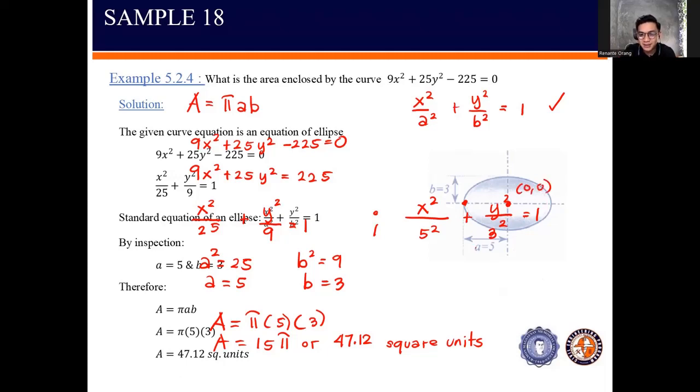And then, ang ibig sabihin ng A tsaka B is the distance of our vertex. So if this one is 0, 0, this one is 5 papunta dyan and 5 din papunta dito. So this one is negative 5 and this one is positive 5. Then yung B natin na value is our minor axis, which is dito sa taas is positive 3, sa baba is negative 3. Ayan. So, to clear things up, no? Kasi nalito kayo or nalito tayo bigla.